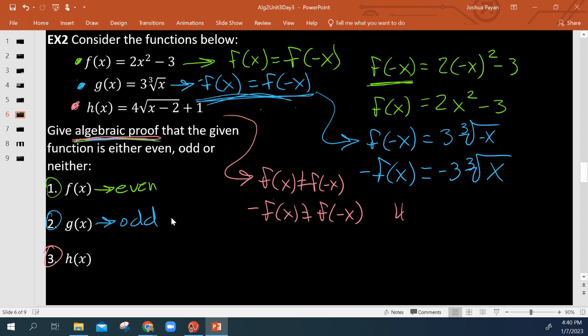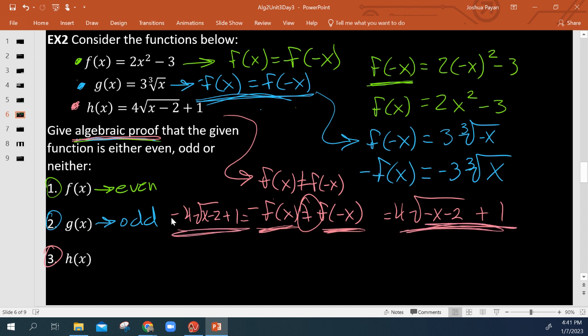If I say 4 times the square root of, and let's go ahead and say that this is going to be f of negative x, 4 times the square root of negative x minus 2, and then plus 1, right? And then I go ahead and calculate this guy, negative f of x. Well, that would just be negative 4 times the square root of x minus 2, all plus 1, right? And we see very clearly this guy here and this guy here are not equal at all.